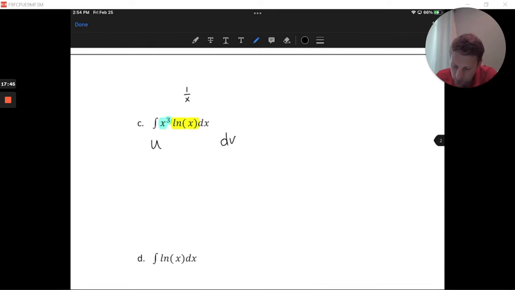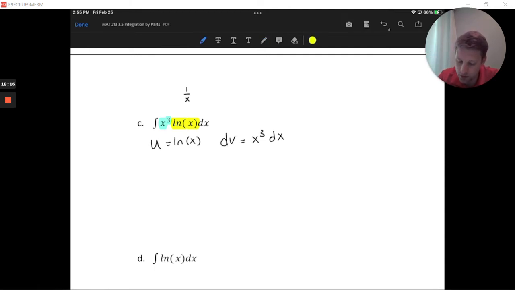So my recommendation is let's use the natural log as our function of u, because I know its derivative. And I know the antiderivative for the x to the third power, dx. So as a process of elimination, I think this would be the best arrangement for our two functions.